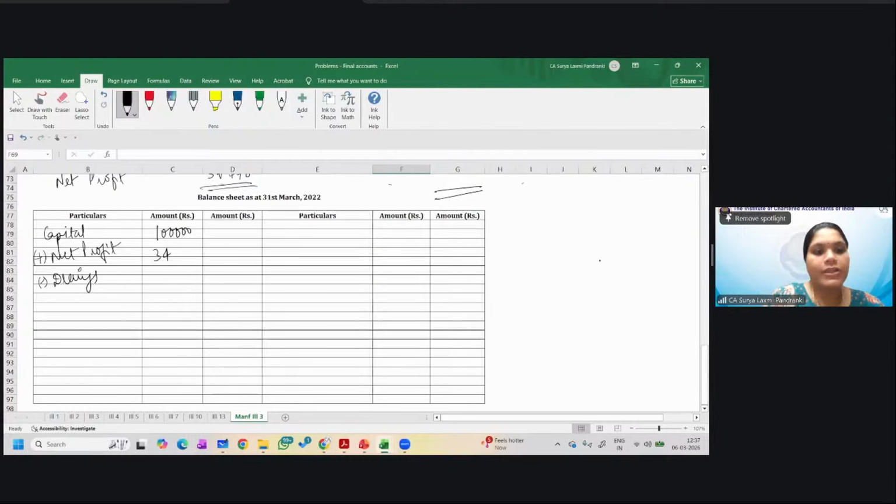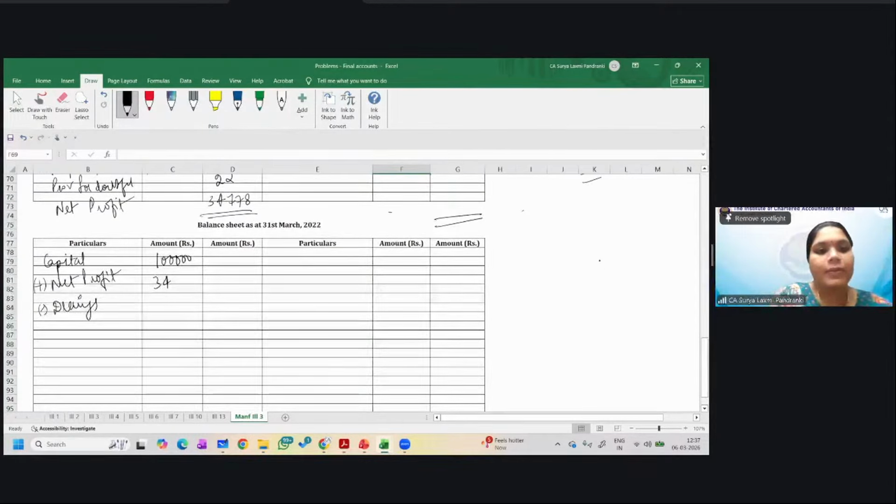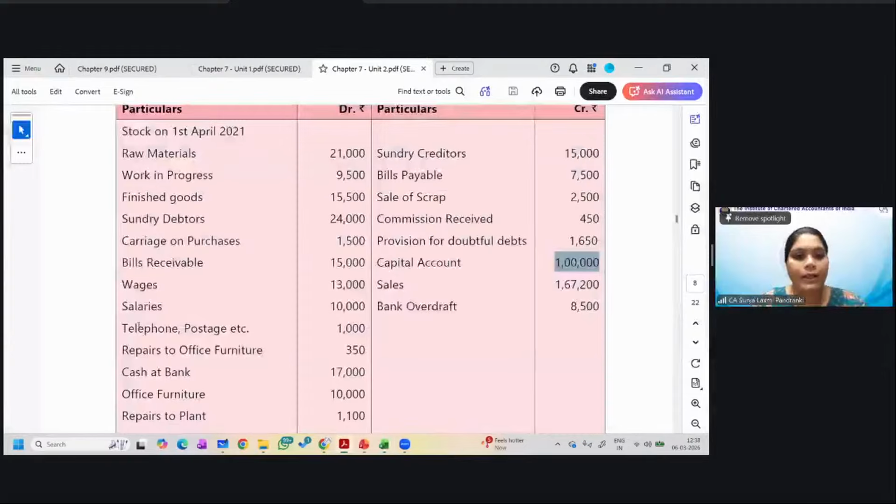And net profit, we just have calculated in the P&L statement, 34,778. Do we have any drawings given in the question? No drawings. So what will be the value? 134,778. Okay, done.